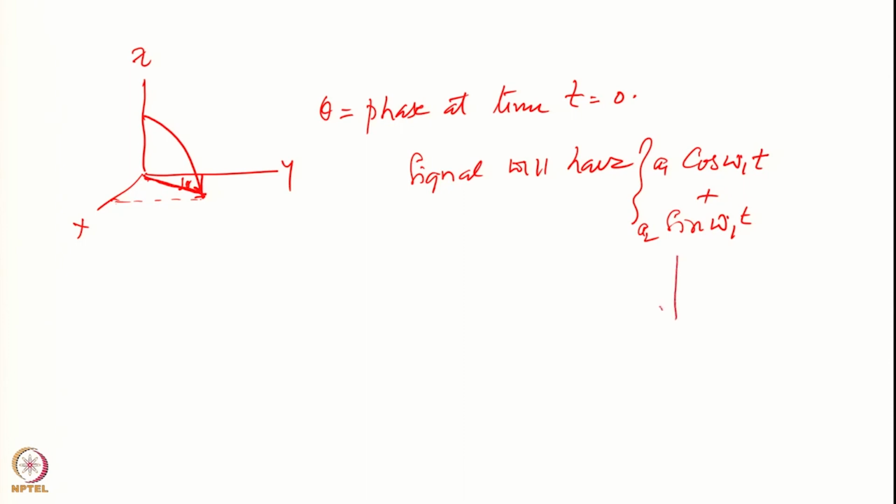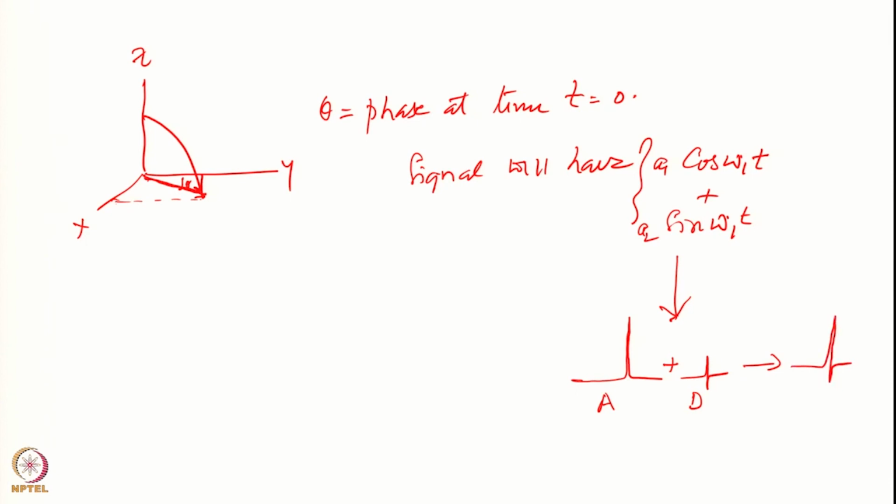Now, if I do a Fourier transformation of this sum together, I will have a mixture in the real part, and it is also true in the imaginary part. This is the absorptive component, and then I will also have a component coming from the x part, which is the dispersive component. This plus this will give me a signal which is like this.